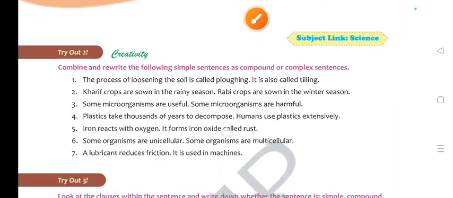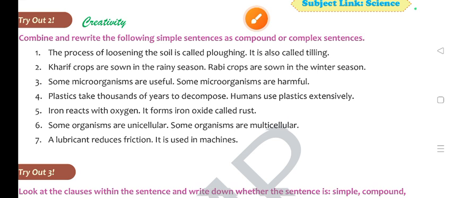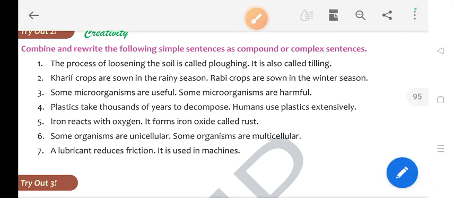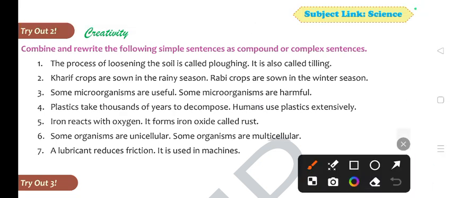Now look at this. Try out 2. Combine and rewrite the following sentence as compound or complex sentences. Okay, so now look at this. The process of loosening the soil is called plowing and tilling. Okay, so just remove these extra part and add and.